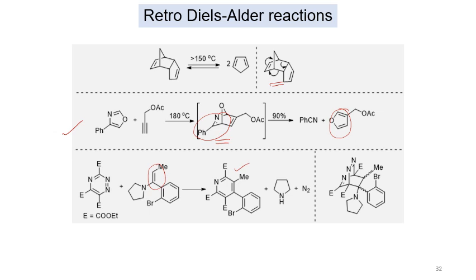However, this pyridine system actually arises from this first cycloadduct. This cycloadduct can lose a molecule of nitrogen and it can lose a pyrrolidine, thereby giving you this pyridine system.